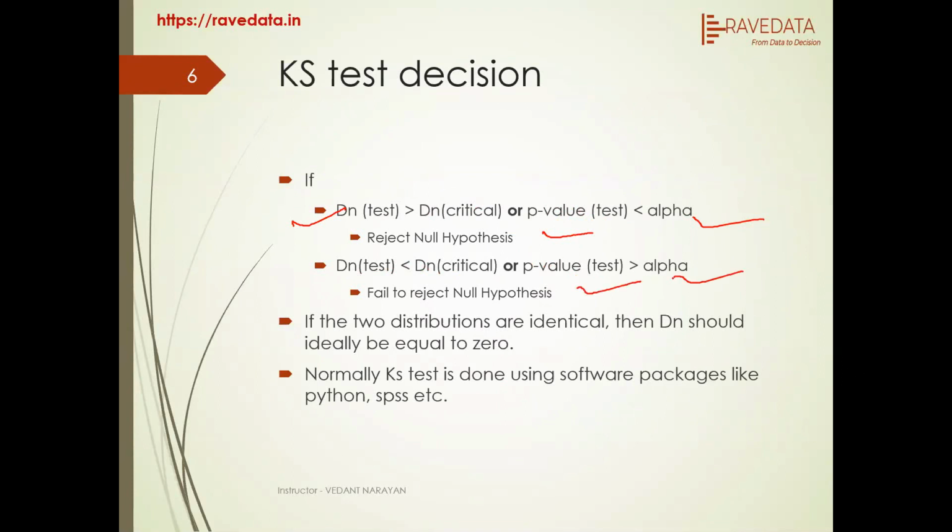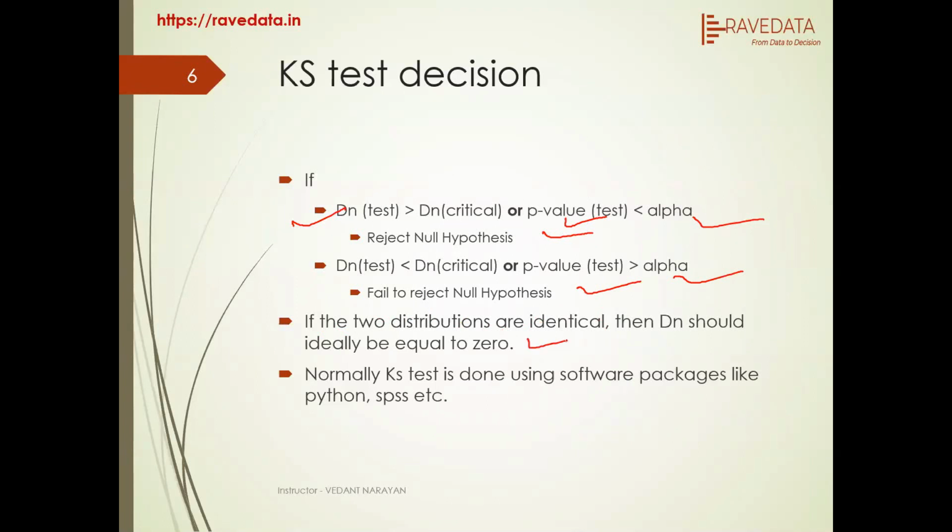The D critical value is determined from the Kolmogorov-Smirnov table, or normally we do the KS test using software packages wherein we reject or fail to reject the null hypothesis using the p-value. Also, if the two distributions are identical, then Dn should ideally be equal to 0.